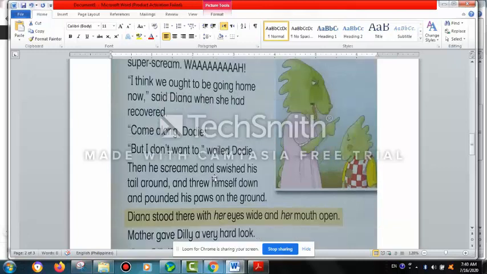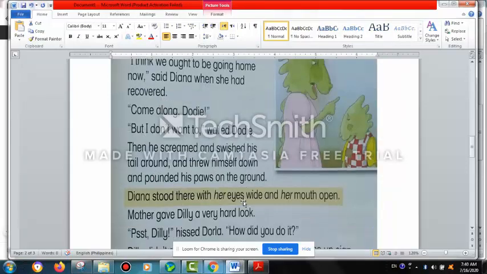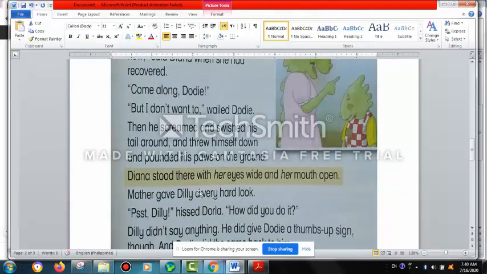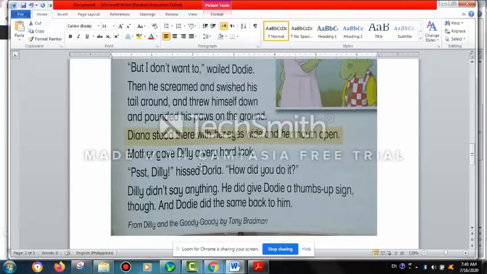Then he screamed and swished his tail around and threw himself down and pounded his paws on the ground. Diana stood there with her eyes wide and her mouth open. Mother gave Dilly a very hard look. "Psst, Dilly," hissed Dorla. "How did you do that?" Dilly didn't say anything. He did give Dodie a thumbs-up sign, though, and Dodie did the same back to him.